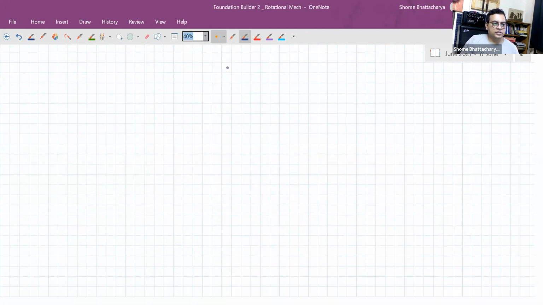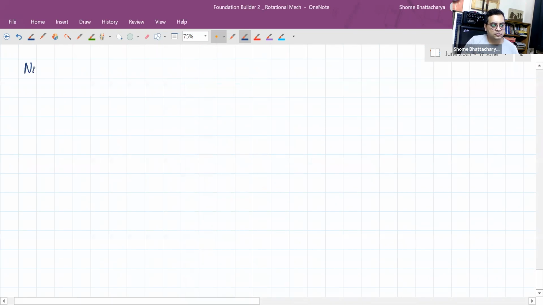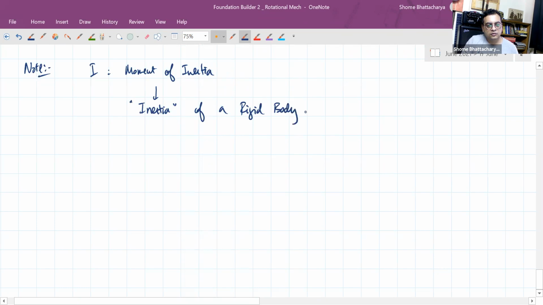Okay, now about moment of inertia. It is defined as the inertia of a rigid body for rotational motion about a given axis.